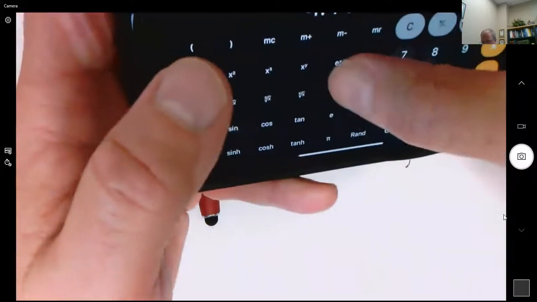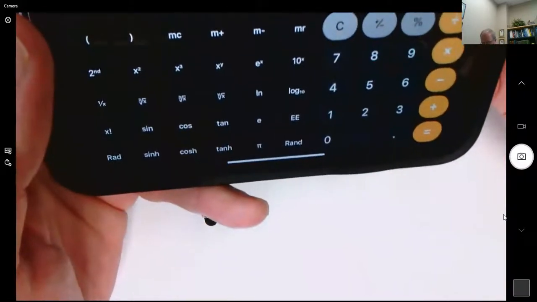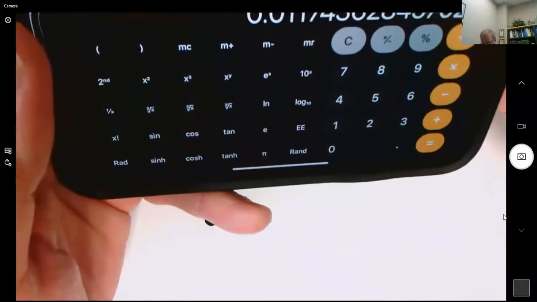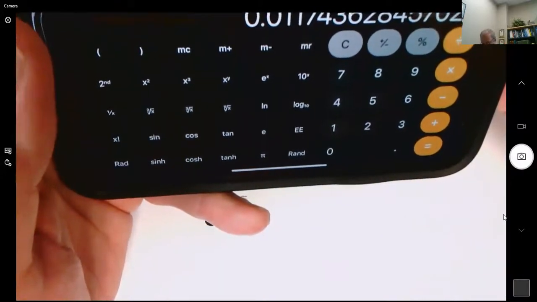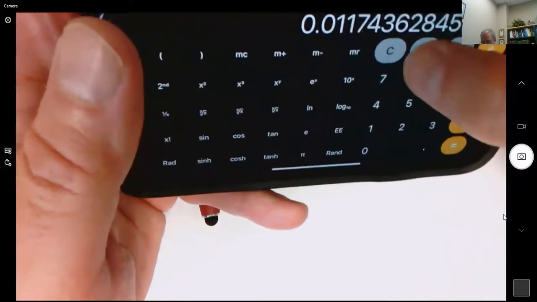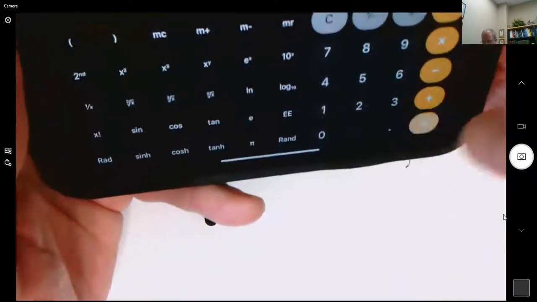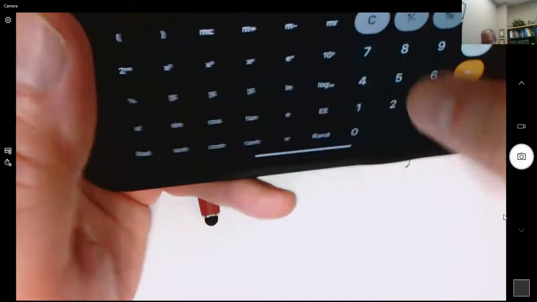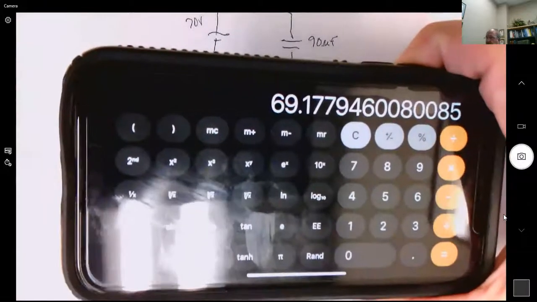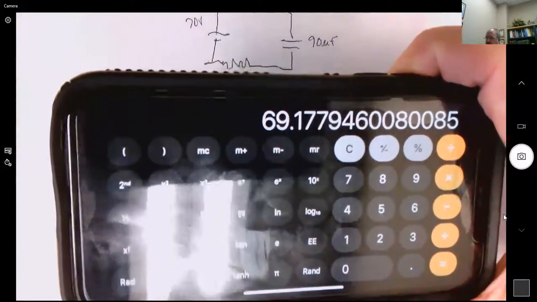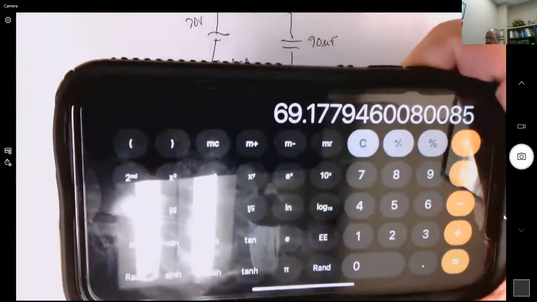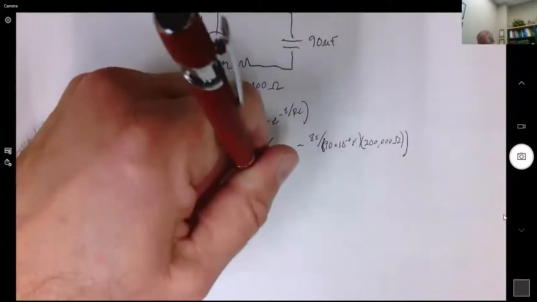And we take the natural log function. Okay, we take the negative of that plus 1. Then we times 70 volts. Okay, so at that point in time, our voltage is now 69.18 volts.